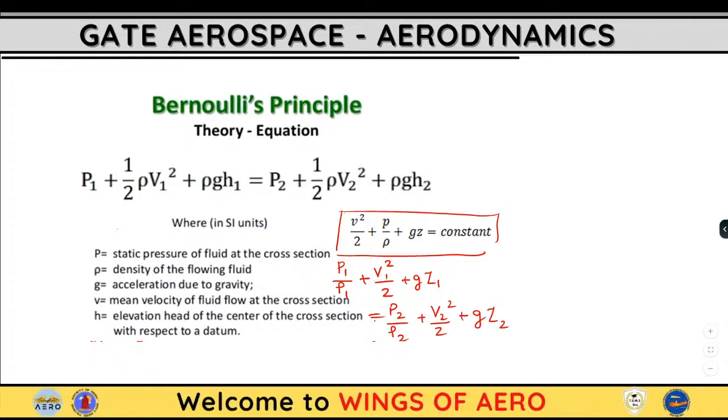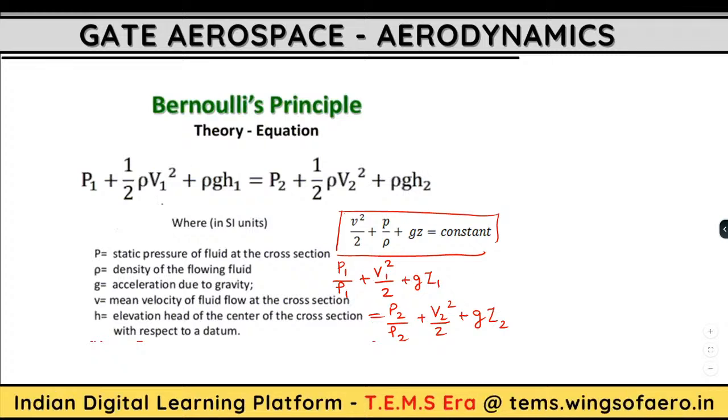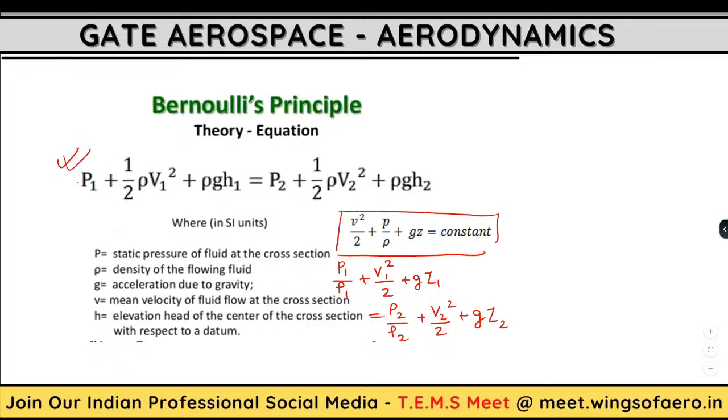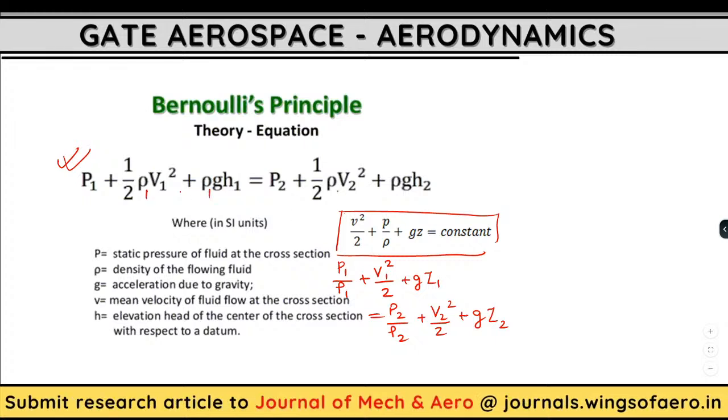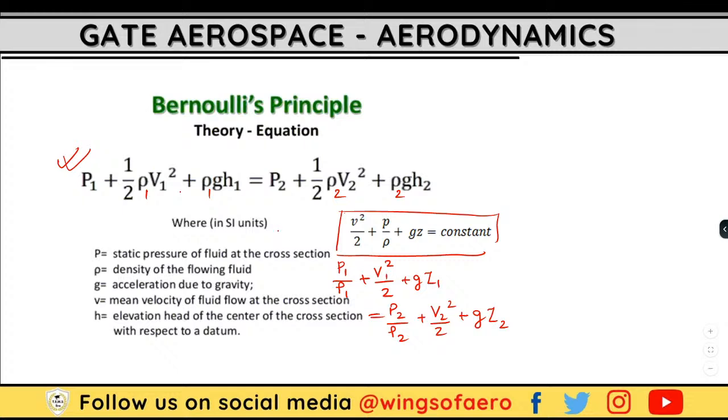We have to use this formula, and it can also be written in this other form, where you can see we have rho 1, rho 2. So either equation is correct, and you have to remember the equation.